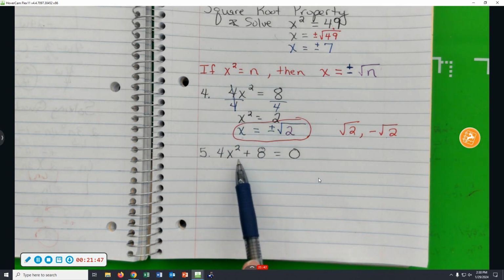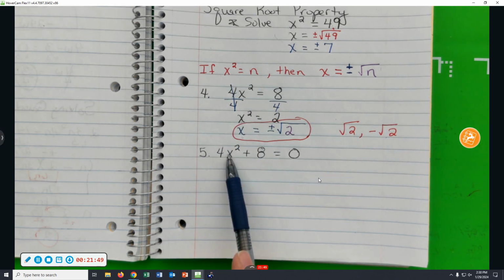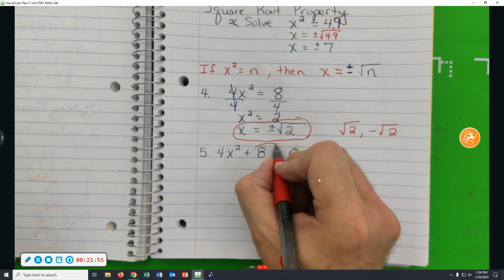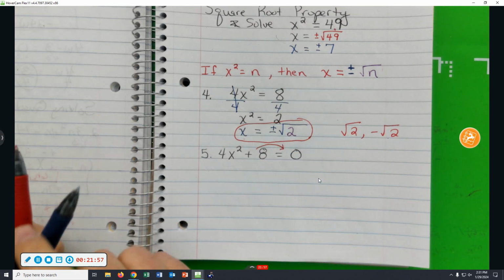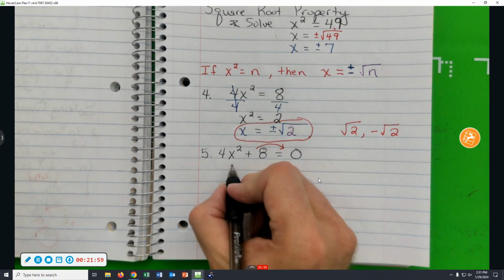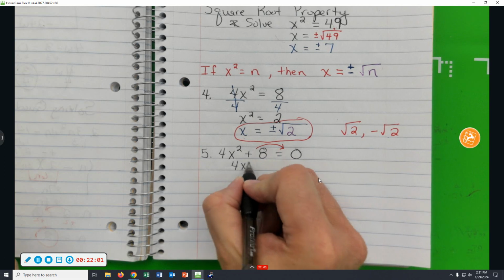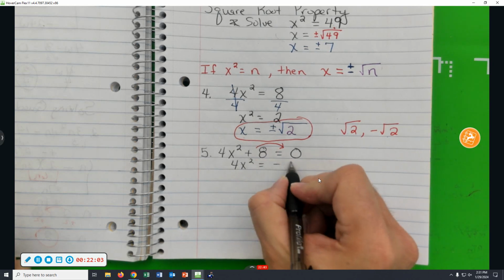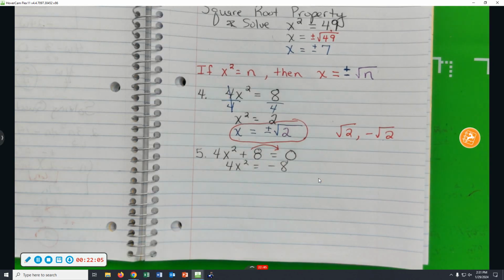To get the x squared by itself, the first thing I need to do is what? Subtract the 8. So I'd have 4x squared equals negative 8.